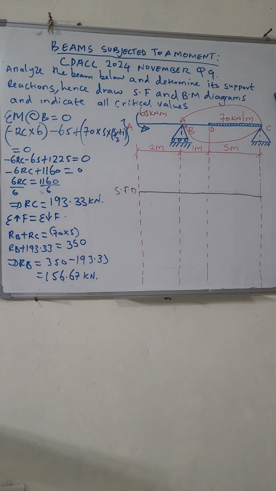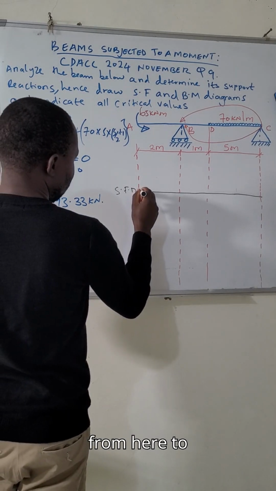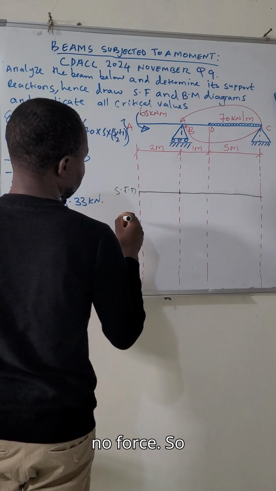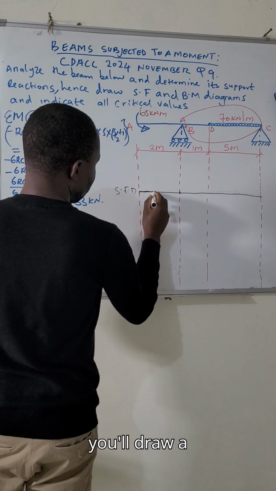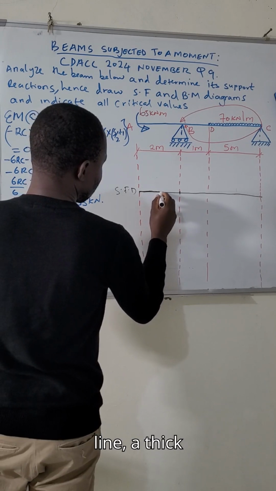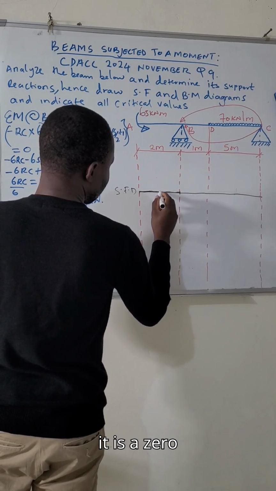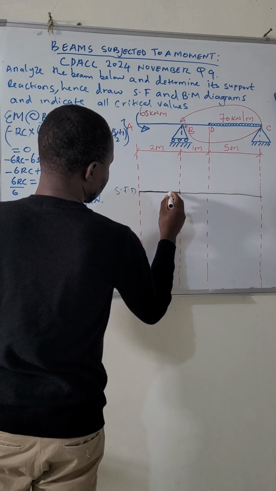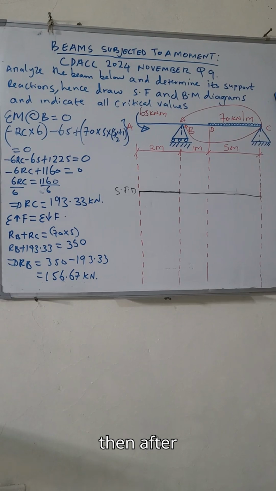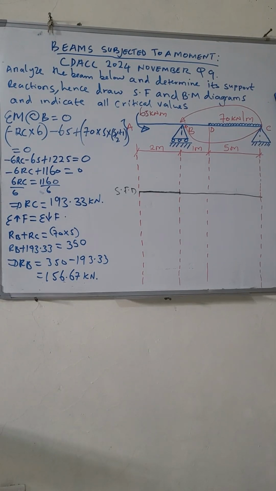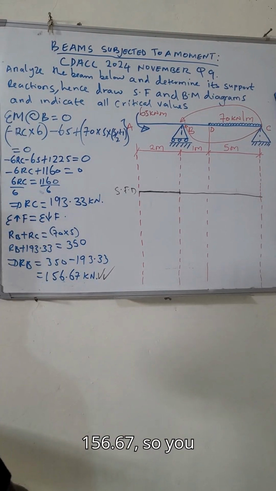As you can see, this section from here to here, there is no force. So you draw a straight, thick line up to there to show it is zero shear force. After doing so, you'll come to reaction at B. Reaction at B is 156.67.